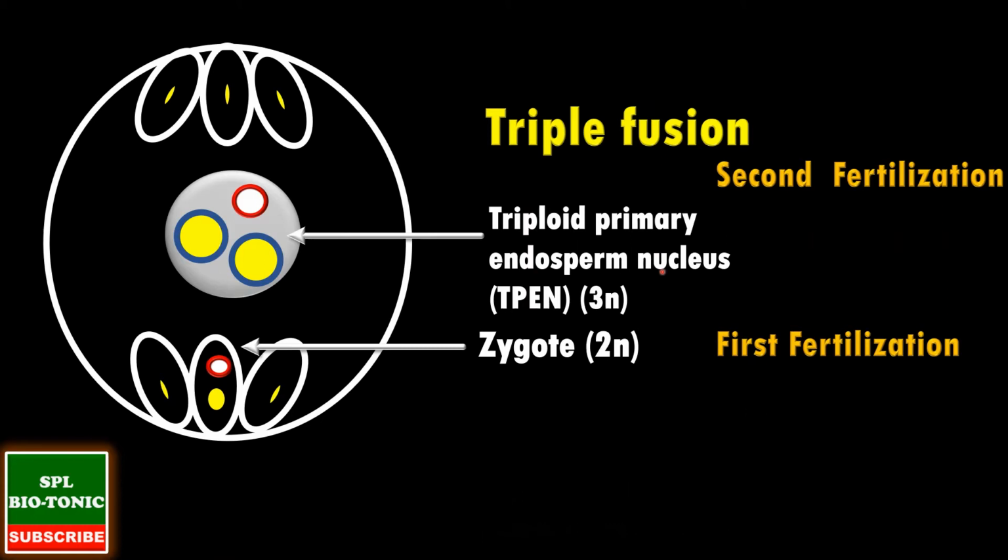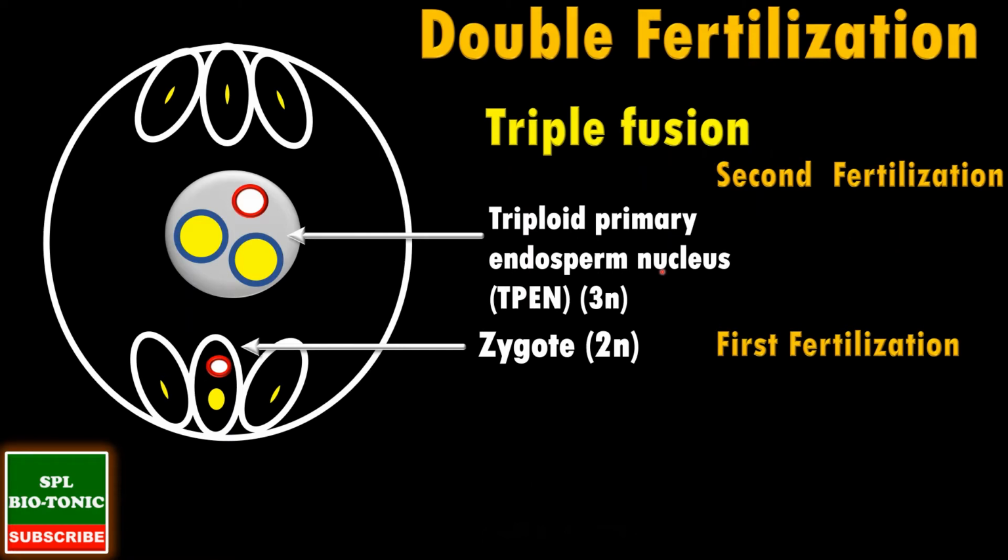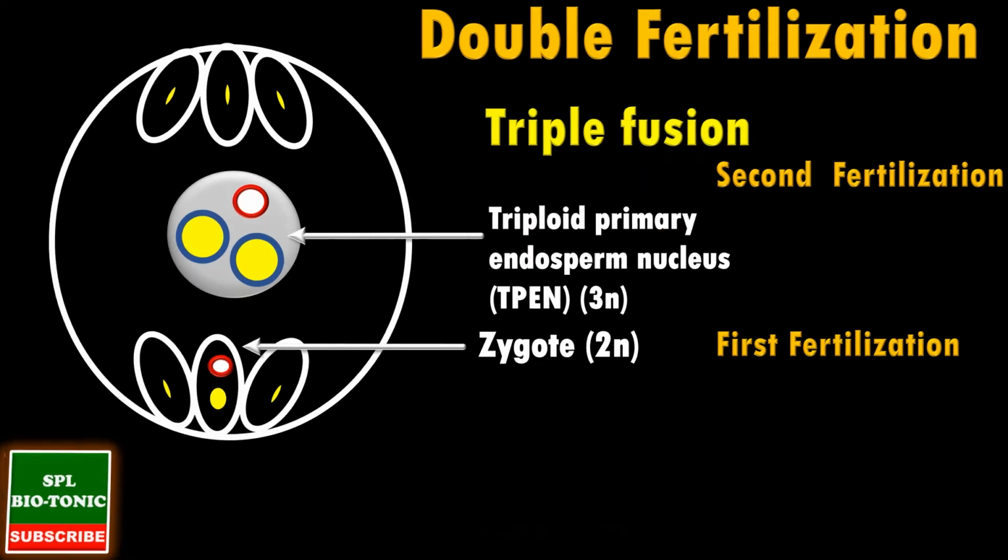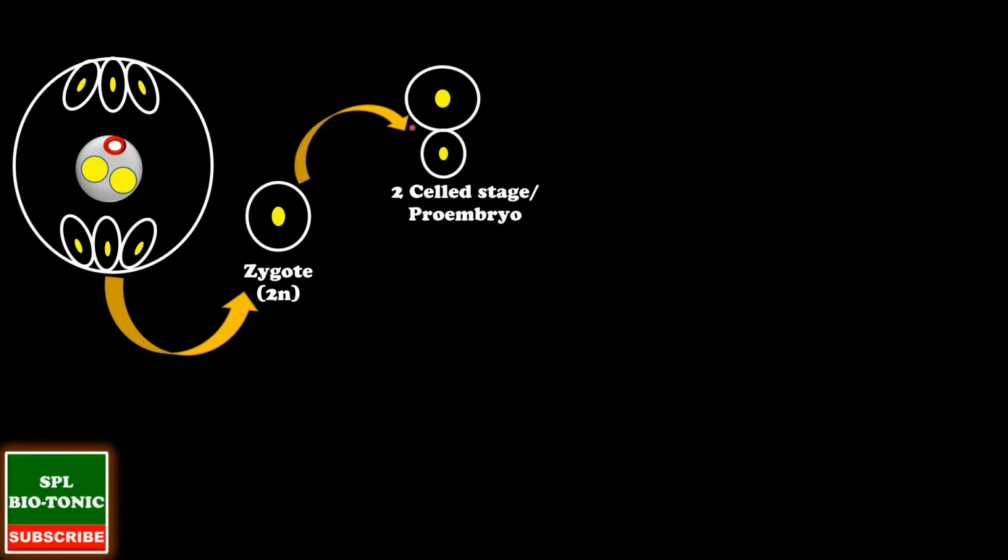So students, embryogenesis begins with the formation of the zygote. So this is a single cell zygote. This single cell zygote divides unequally to form a larger cell and a smaller cell. The larger cell is called the basal cell or the suspension cell, and the smaller cell is called the embryonal cell.